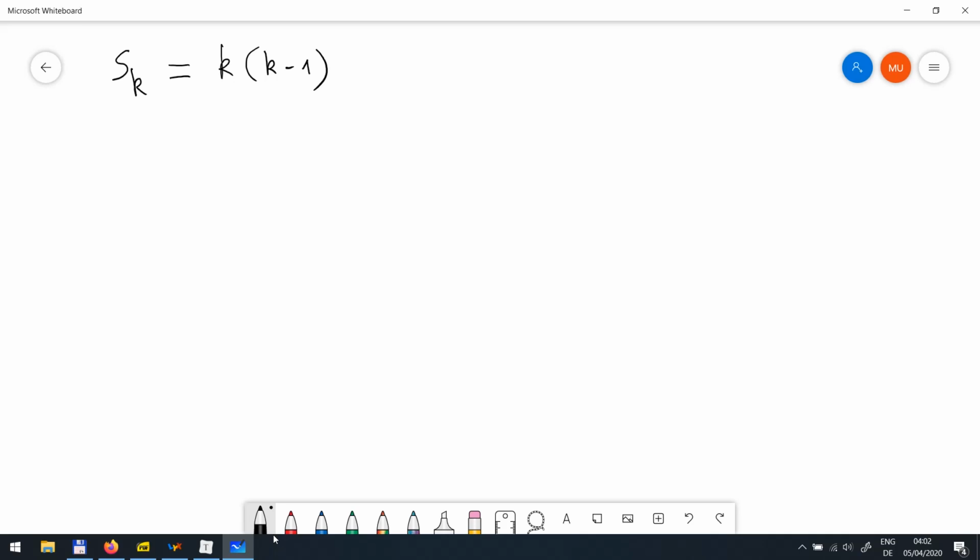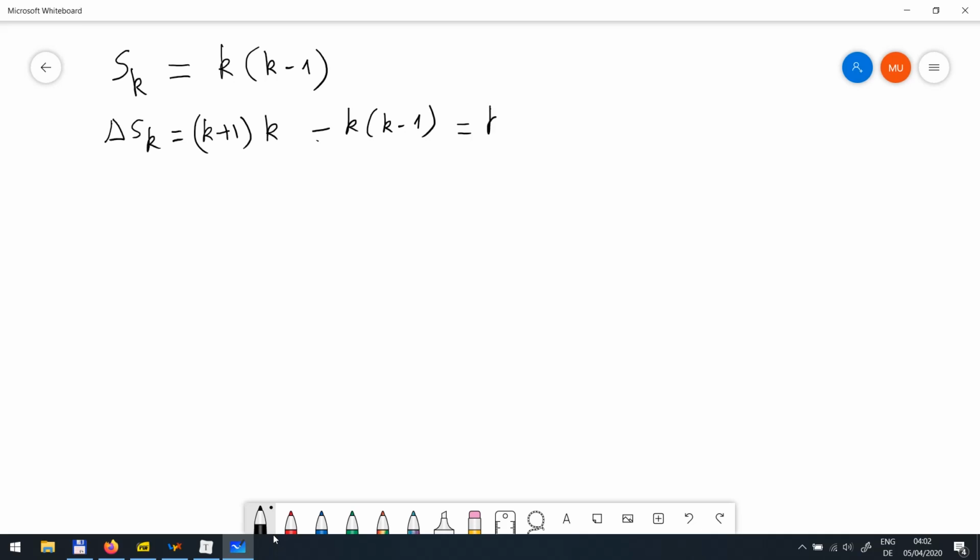So take the difference. It will be k times k minus 1, the present term, and the next term will be this k becoming k plus 1, and k minus 1 becoming k.